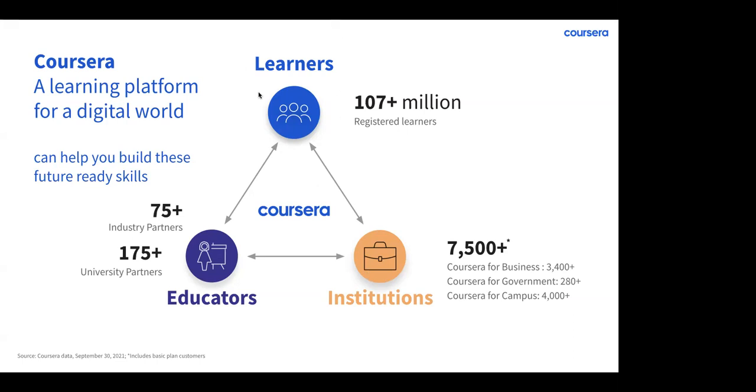Of course, one of the main pillars of Coursera are the learners of Coursera. And as I mentioned, we have about 100 million plus registered learners. Along with that, Coursera works with the educators of the world.